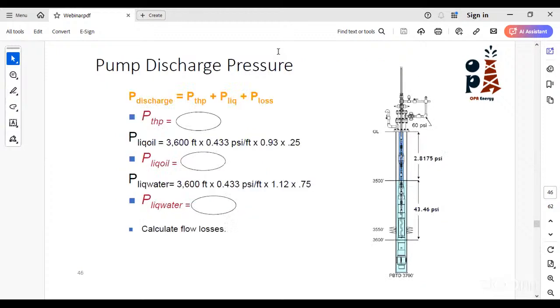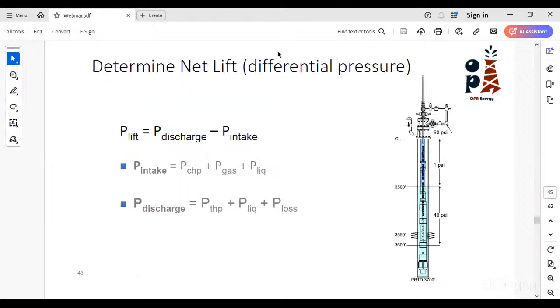Okay, let's calculate it quickly. From the figure, we have the casing head pressure as we have seen from the given data. The casing head pressure is 60 psi, and for the gas gravity, the hydrostatic column down to 3,500 feet represents around 1 psi.